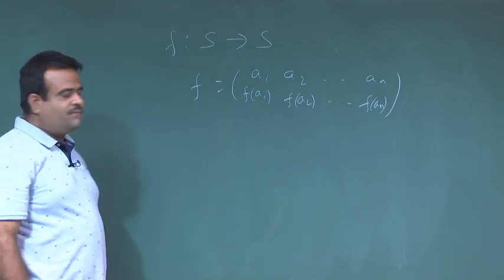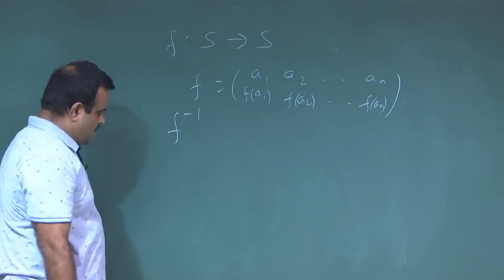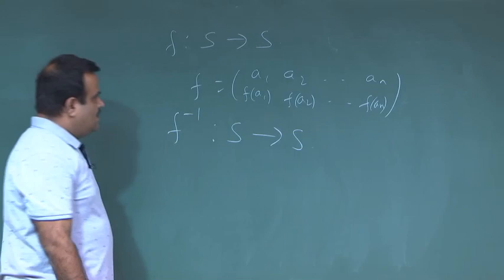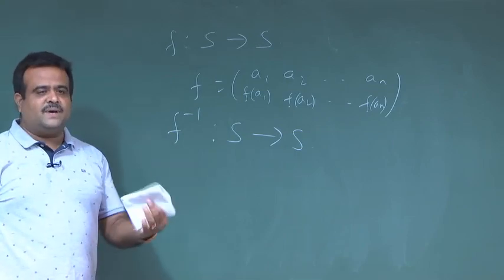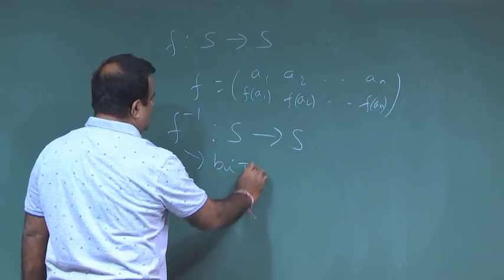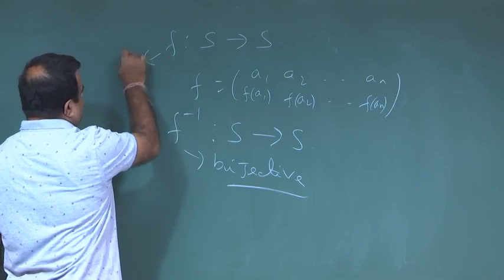Now we know if f is bijective, then f inverse exists. f inverse is basically from S to S again, and if f is bijective, we can show that f inverse is also bijective.